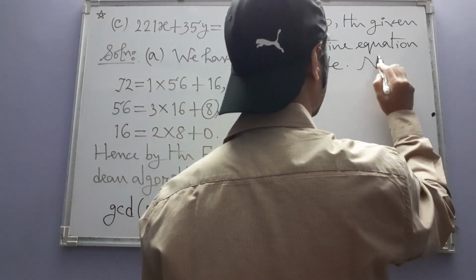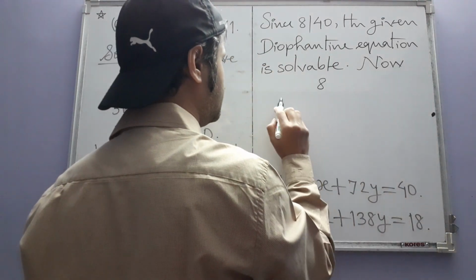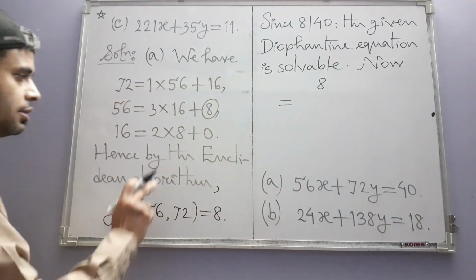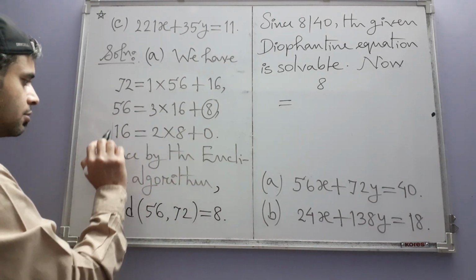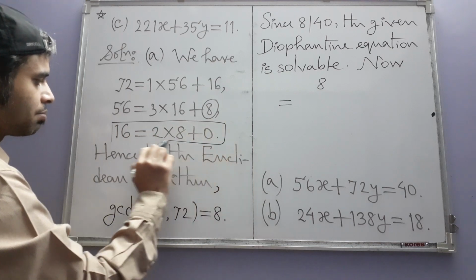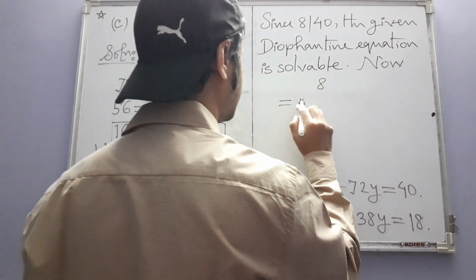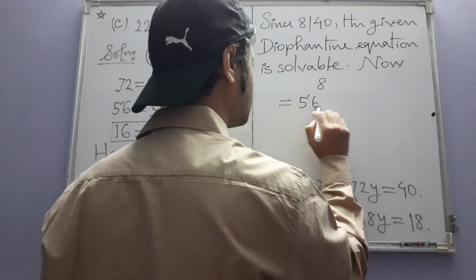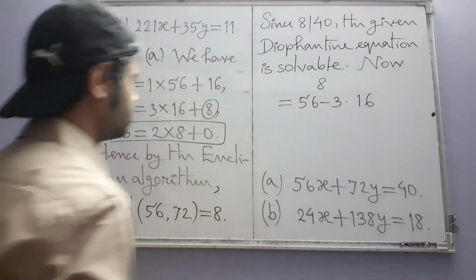Now 8, first of all, using this equation. Of course, you can never use this one; for our purposes now it is useless. So in place of 8 we can write 56 minus 3 times 16.